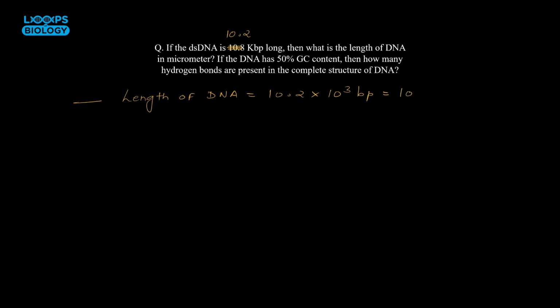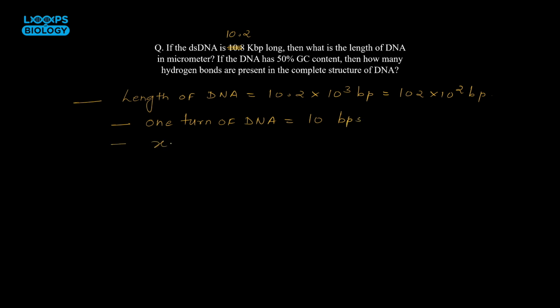So the length is 102 multiplied by 10 raised to 2 base pairs. What will be the length of DNA in micrometer? Since we have been given this in base pairs, we know that one turn of DNA contains how many base pairs? 10 base pairs.